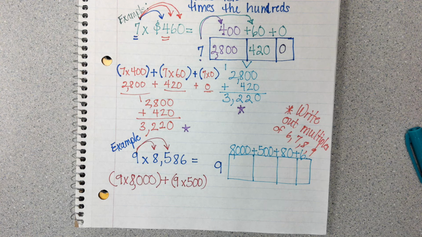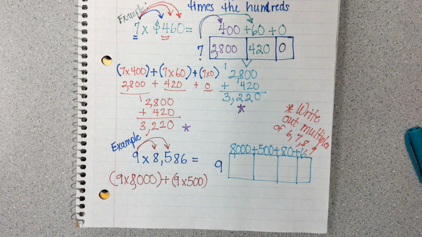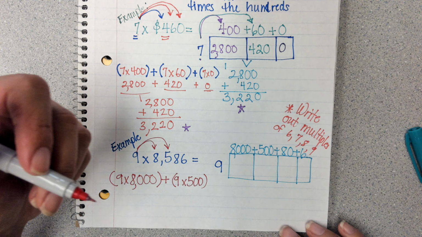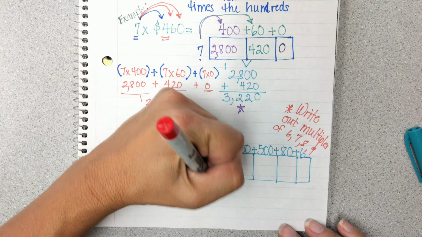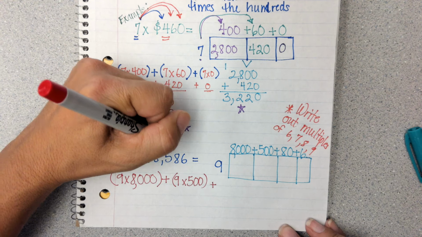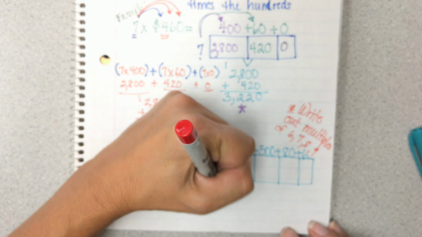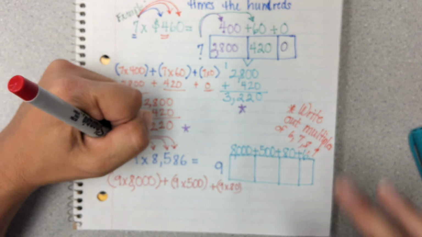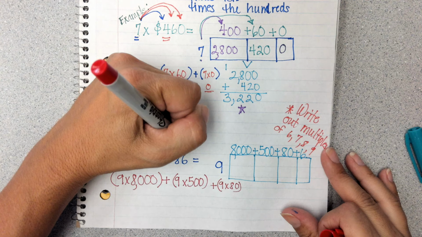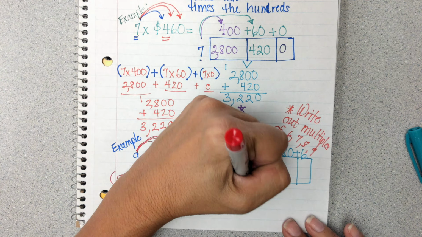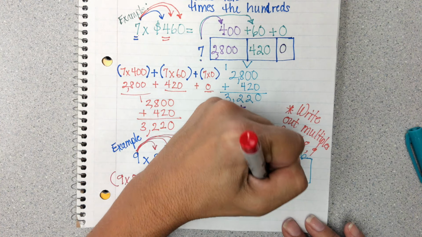I'm going to start bumping into this one. Oops. Oh well, I'll make it work. And then we've got 9 times 80. And finally, 9 times 6.